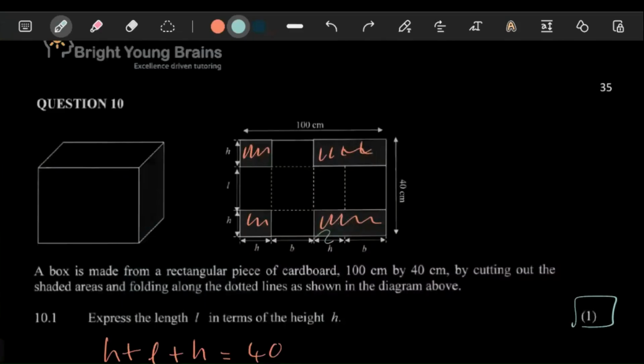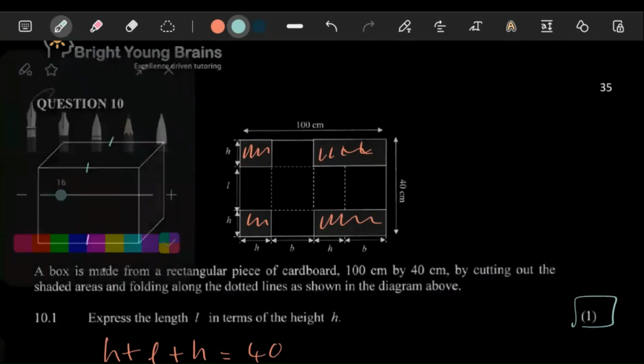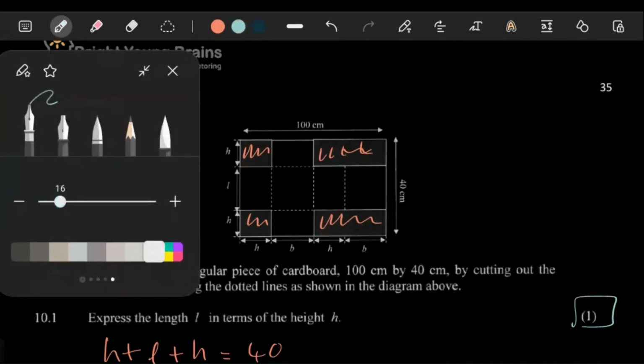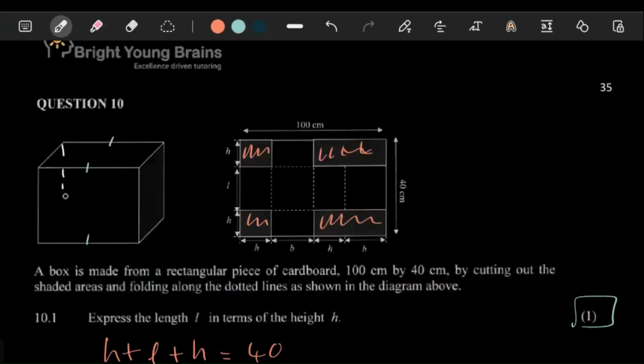So all you need to do is find the 3 individual lengths that make up our rectangular prism. What I mean is this length here is the same as that one, is the same as that one, you see? And to make your life a bit easier, there's a line at the back here that we obviously cannot see.